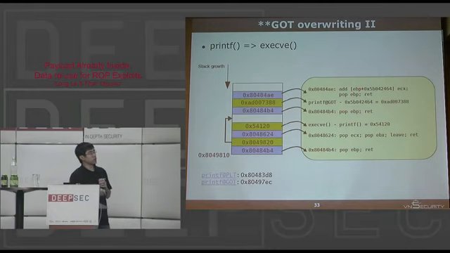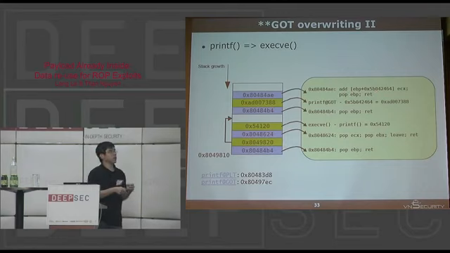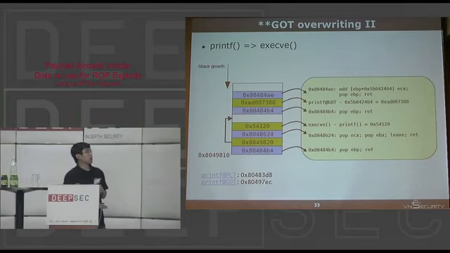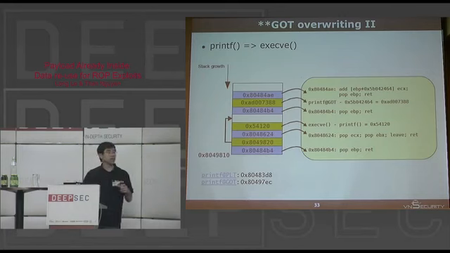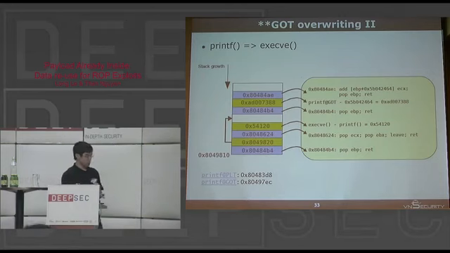And this value is actually the printf GOT address minus this one, because the gadget we have is structured like this, so we have to offset that. So after this one, the GOT entry of printf will have this value added, and it becomes the address of execve in the library.